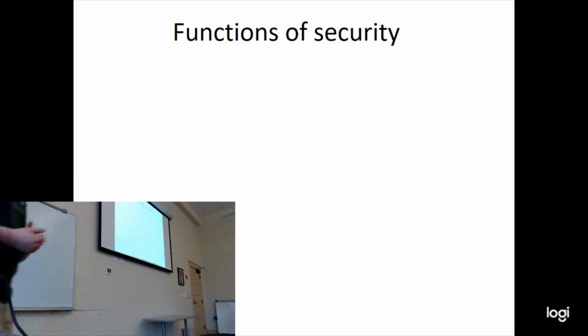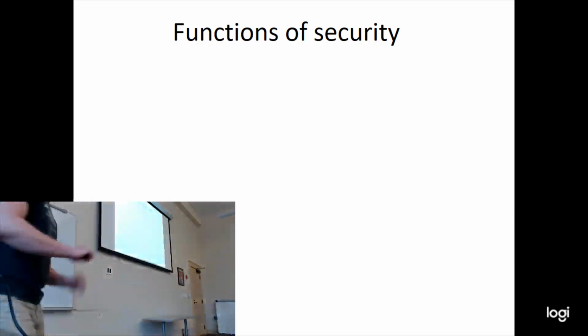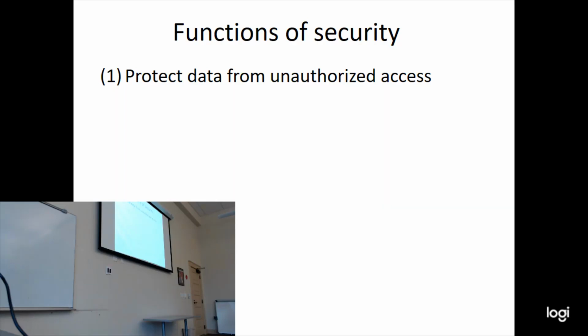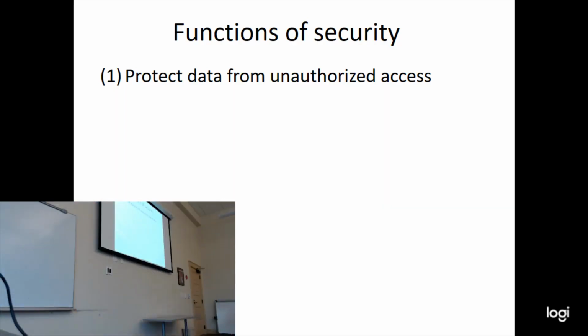So first of all, security does a couple different things that are somewhat related, but somewhat not. The first is, of course, if you're dealing with confidential data, you need some way of preventing unauthorized access to the data. That could look like a password-protected server, putting up a barrier to make sure that only some people can access the data.